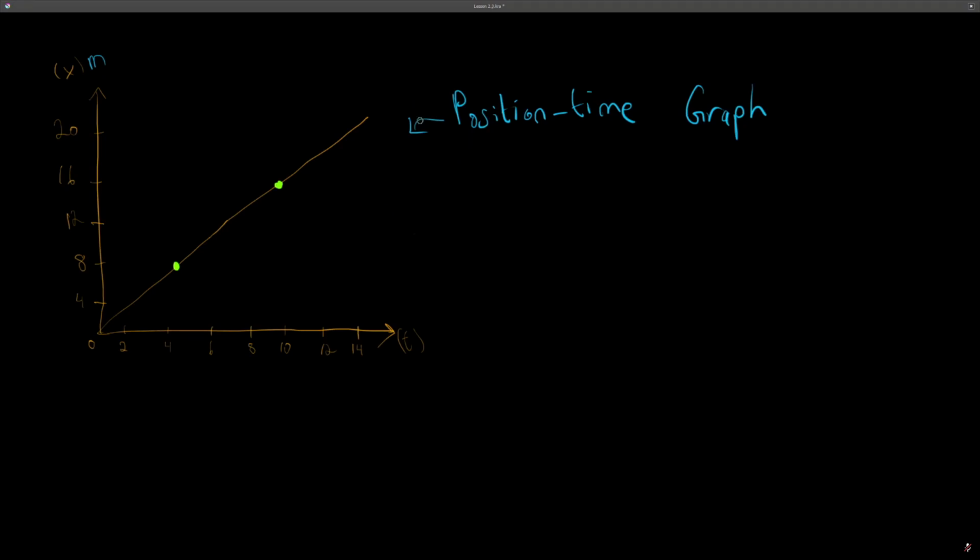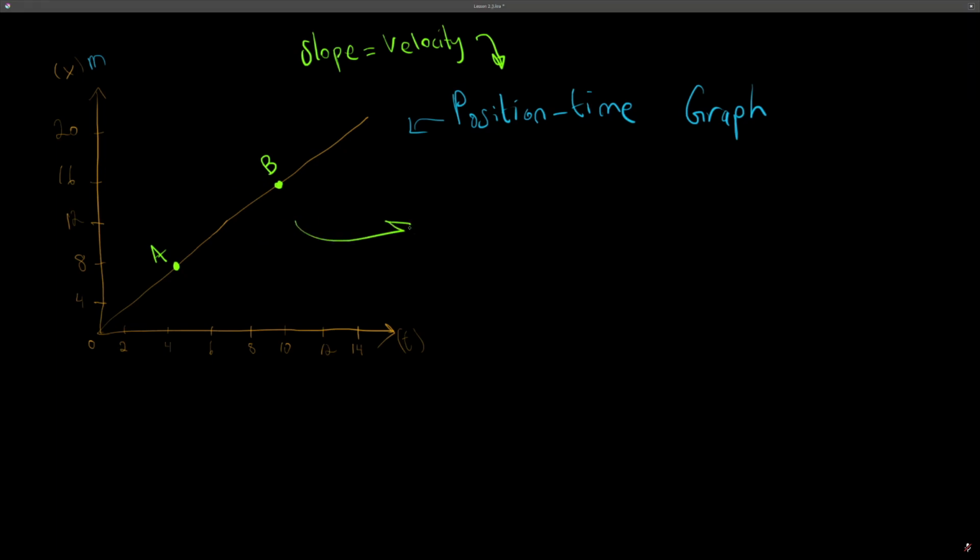Now, we mentioned before that the slope of a position time graph represents the velocity. So slope is equal to the velocity. If I wanted to calculate the average velocity in between two different points, let's say point A and point B, I would have to calculate the slope.